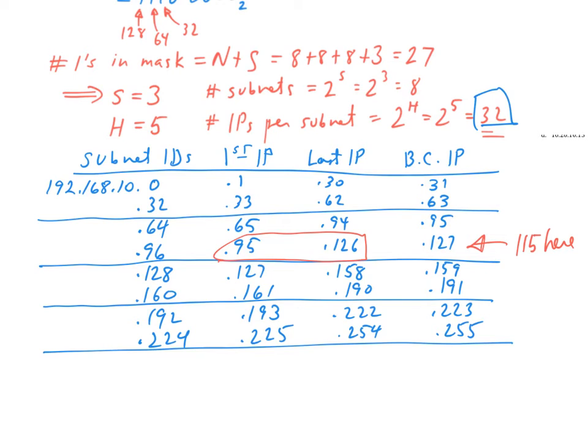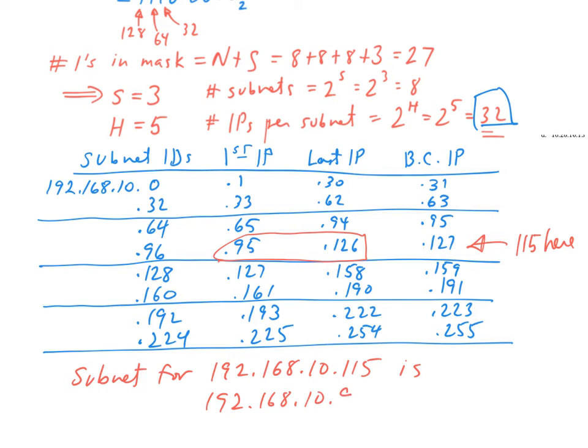And so the subnet for 192.168.10.115 is 192.168.10.96, which is the ID for that subnet.